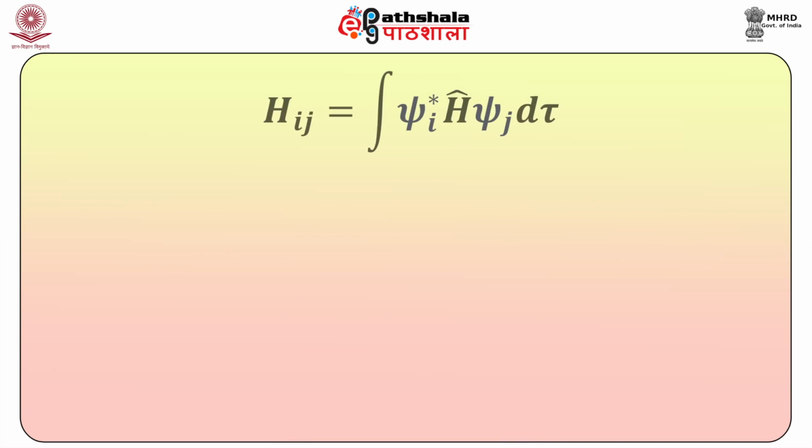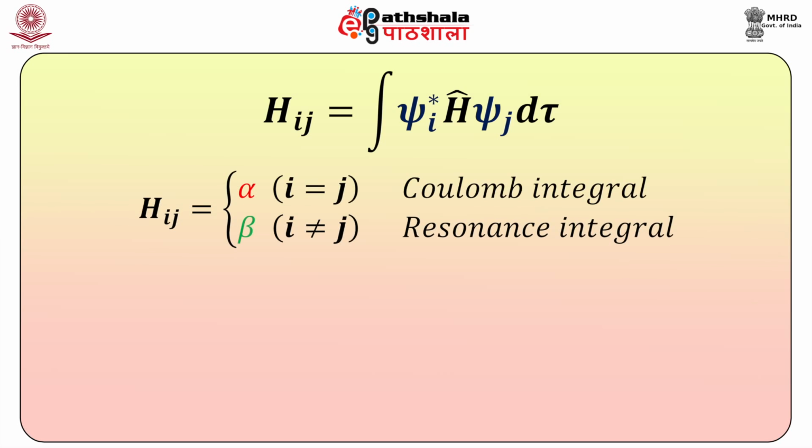So H_ij, which is the integral of psi_i star H cap psi_j d tau, if i is equal to j, is taken to be alpha, which is called the Coulomb integral, and for i not equal to j, H_ij becomes beta, known as the resonance integral.